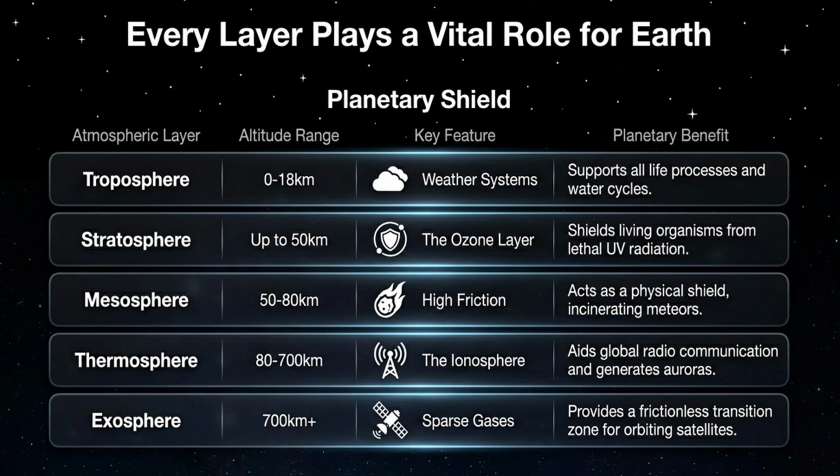It contains the ozone layer, which absorbs harmful ultraviolet radiation and protects life on Earth. Next is the mesosphere, extending from about 50 to 80 km. It is the coldest atmospheric layer and is important because most incoming meteoroids burn up in this region.